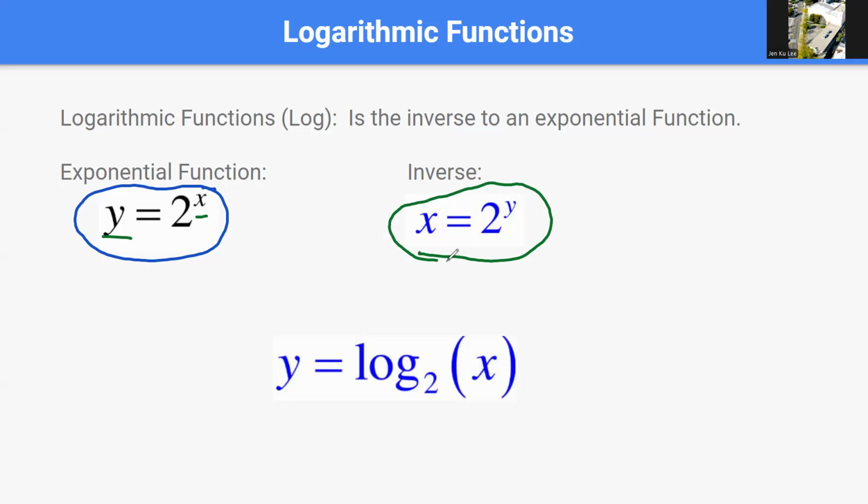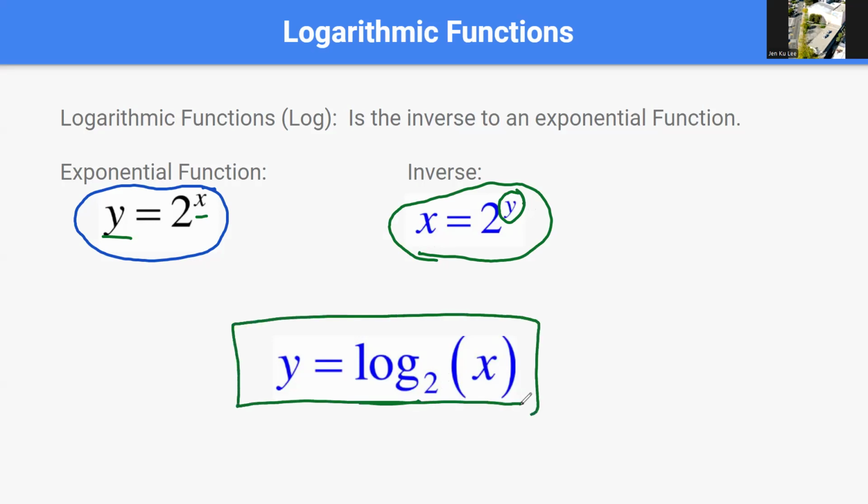And then how we get the inverse is we solve for y. But since the y here is the exponent, we got to introduce another function, which is the log function. So that's how you would write it: y equals log base 2 of x. And this is exactly the same as this guy.